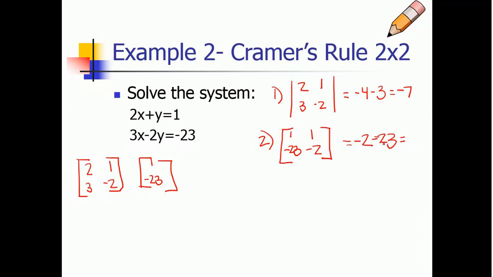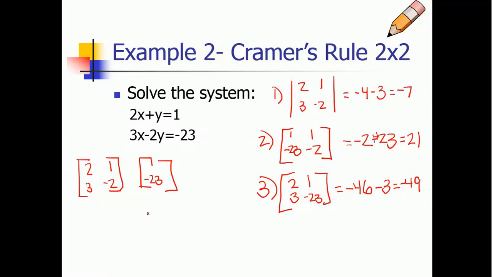Whoop! Gotta subtract, right? So subtract a -23, which is going to give me a +21. Almost messed up there. Number 3, basically the coefficient matrix, but instead of the second column, we're going to put our answer matrix. So 2 times -23 is a -46, and subtract 3 times 1, which is 3, so -49.